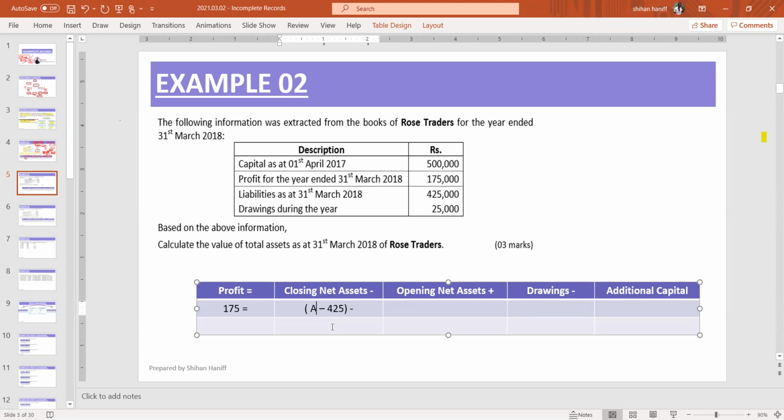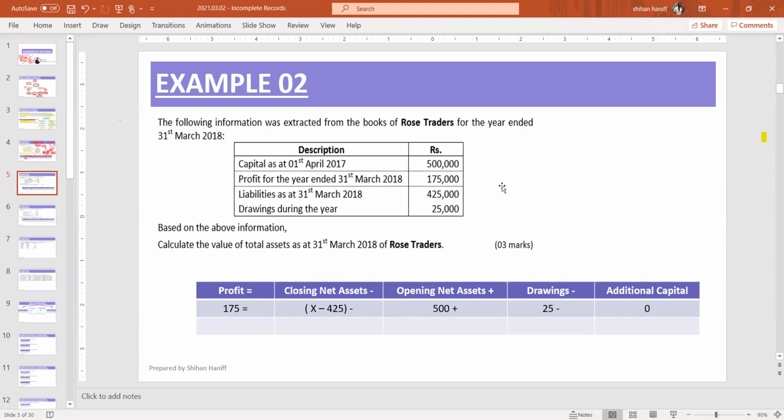So we can take the asset as X. X minus liabilities 425. Opening is 500 plus drawings during the year is 25 minus, there is no additional capital. Now you need to solve this for X.